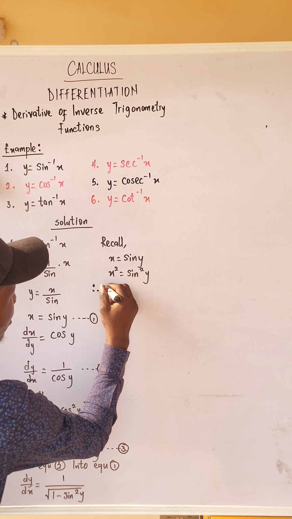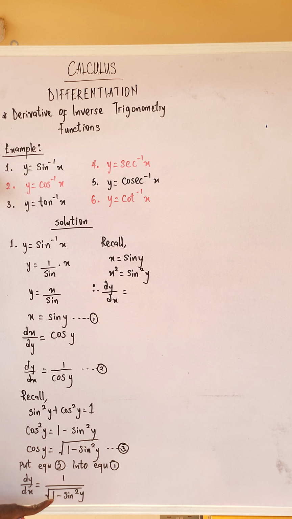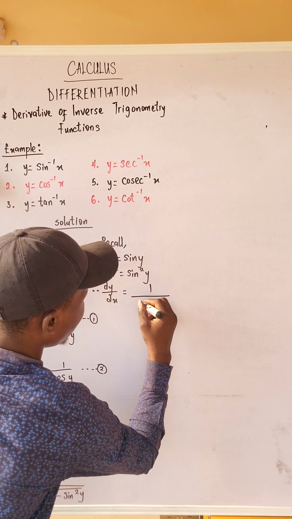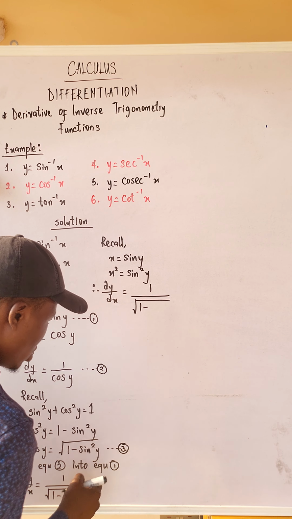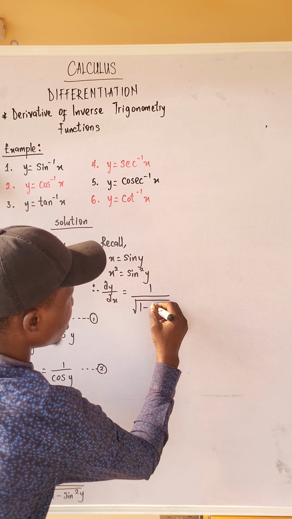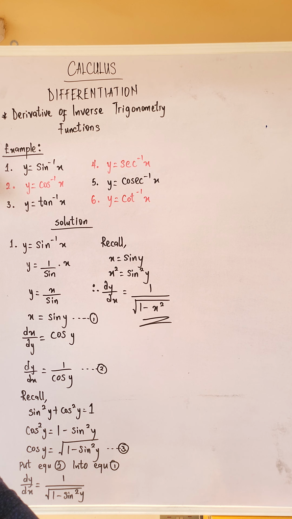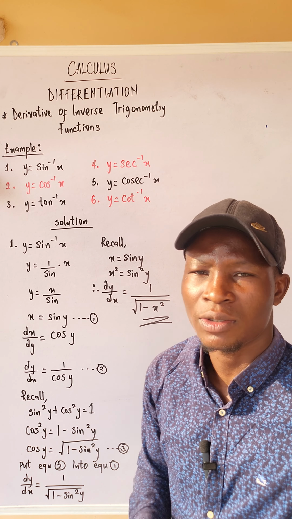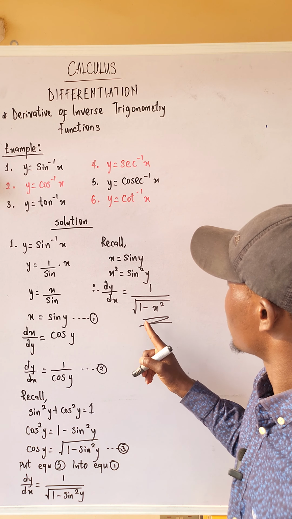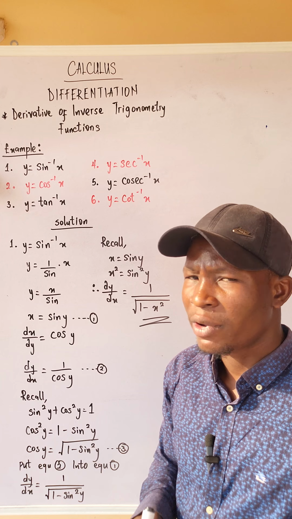Therefore, dy over dx will be equal to 1 over square root of 1 minus, so instead of sine square y, we now call it x square. So you see, don't forget from the first video about the formulas I gave you, when you differentiate sine inverse of x, it is 1 over square root of 1 minus x square. Very, very simple.